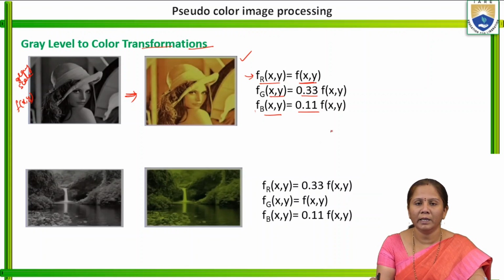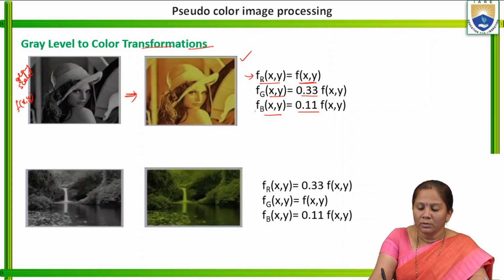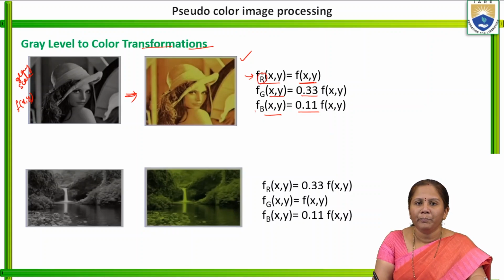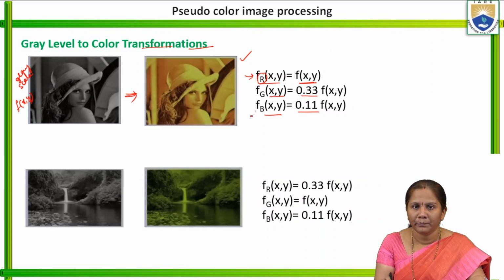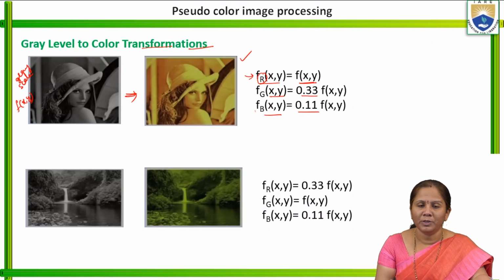There is no scaling factor. So the output is dominant with red color, because the remaining colors are scaled. Red dominant color can be obtained in the output image.